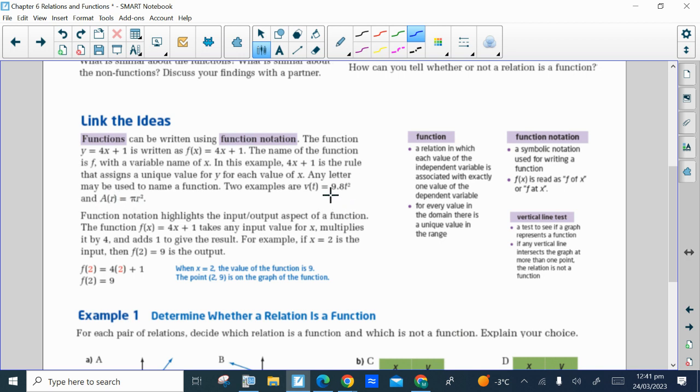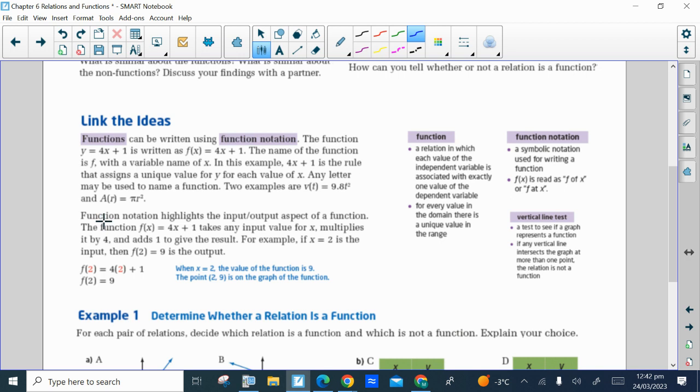So this means that v is a function of t. You're going to put different numbers in for t to get your answer for v. Or A is a function of r. This is actually the formula for area of a circle. The area is based on the radius. The area is a function of the radius. And so that's why you have the variable r in the equation.